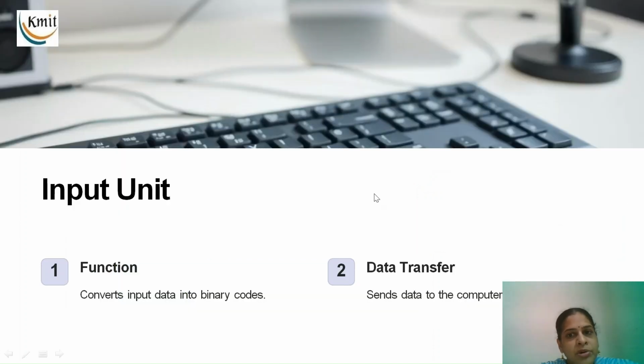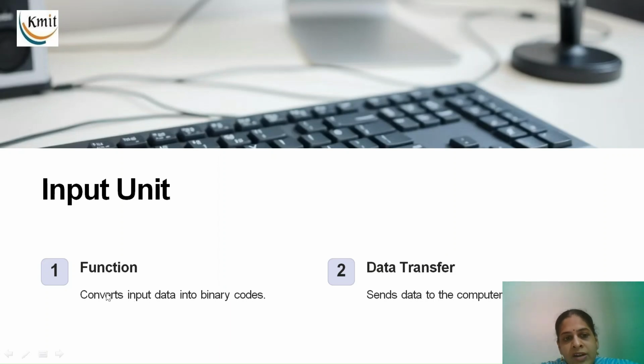Next, coming to the input unit, the function of an input unit is to convert the input data into binary code. The data which is taken as an input from the user is in a human readable form, like your normal characters or alphabets. But the computer can only understand data which is in binary code, in the form of zeros and ones.